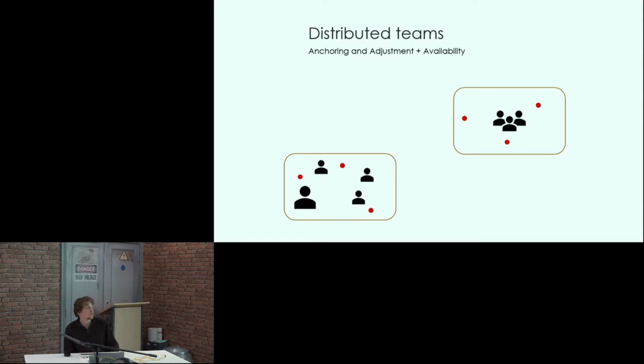And it's harder to make such an adjustment with people from another team that works on another side, sits at another side of the world, because we don't know their environment that well and we cannot use it for adjustment.